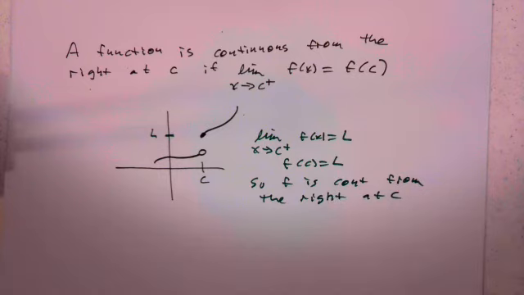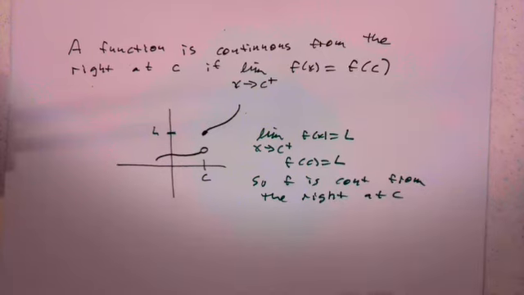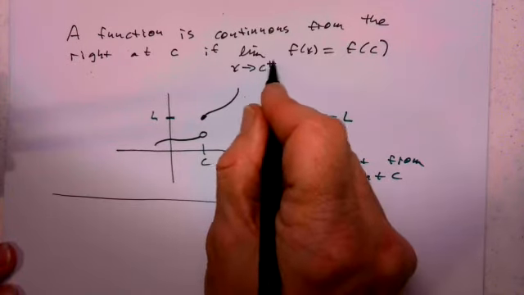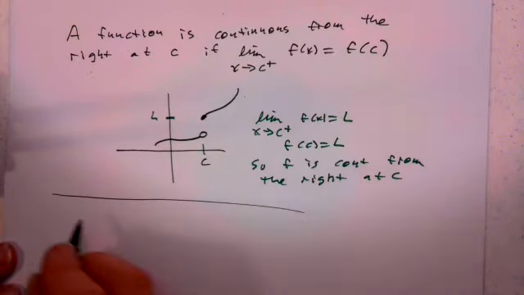But what would it mean to be continuous from the left? So how would we define that? Well, we just switched that one little bit from approaching C from the right to approaching C from the left.